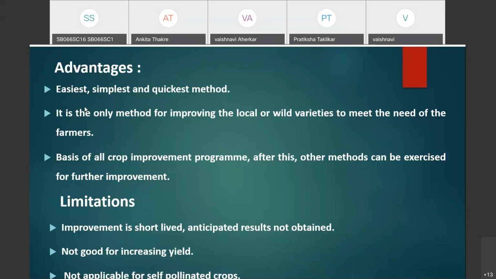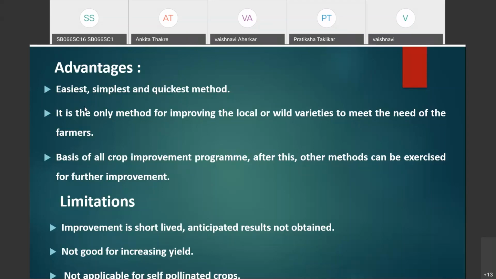Okay, that is the most important limitation of mass selection. The improvement which is procured in the variety is short lived, and anticipated results are not obtained, because the cross pollinated crops are heterozygous, and as there is no control on pollination, it causes more heterozygosity in the variety.